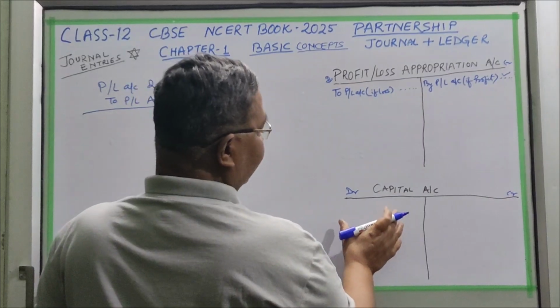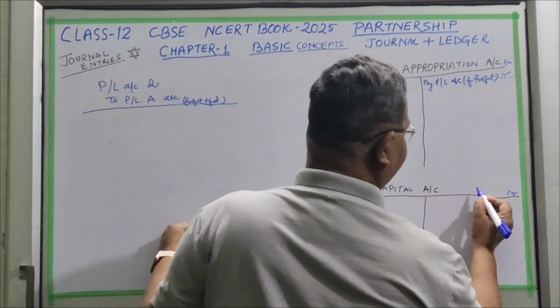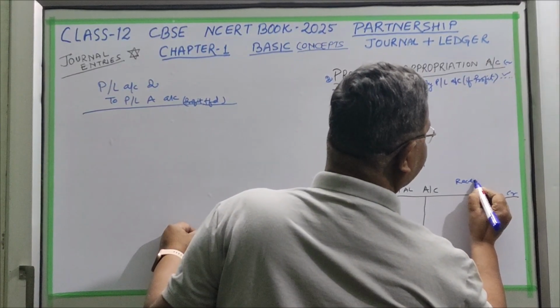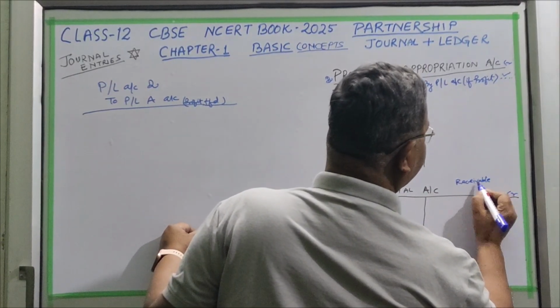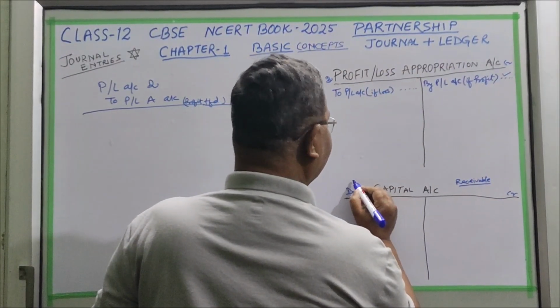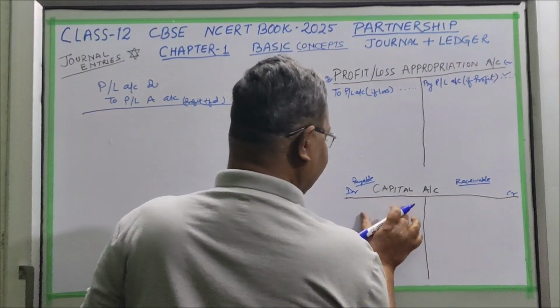Okay, so whatever is receivable to partner, it comes here. And what is payable by a partner, that comes here.